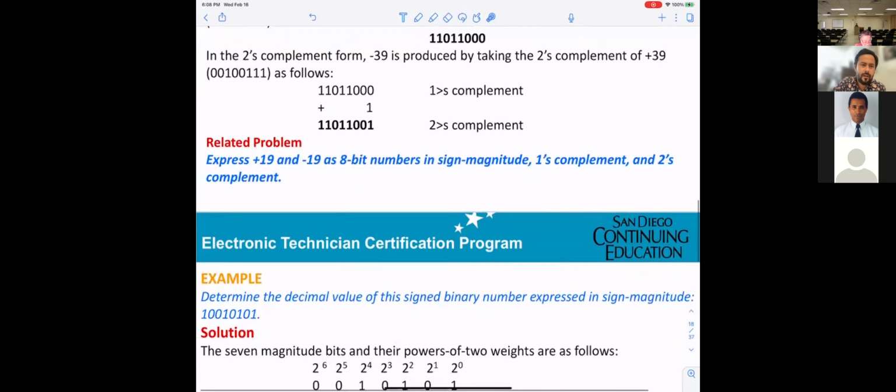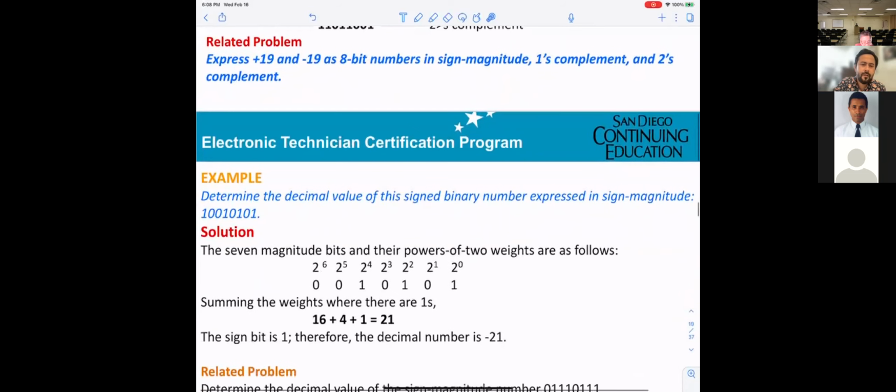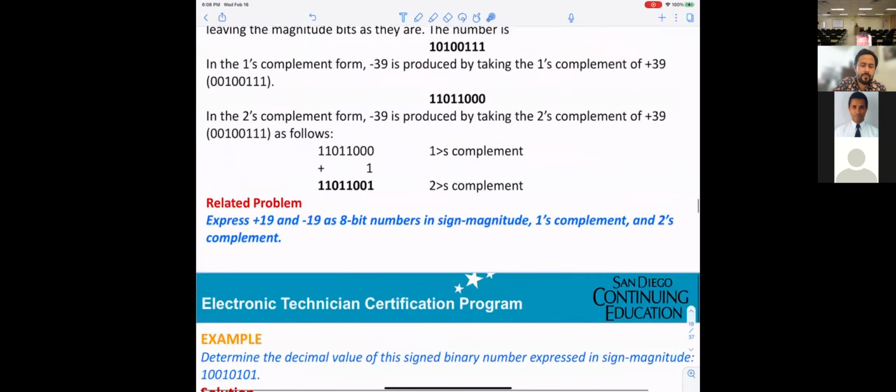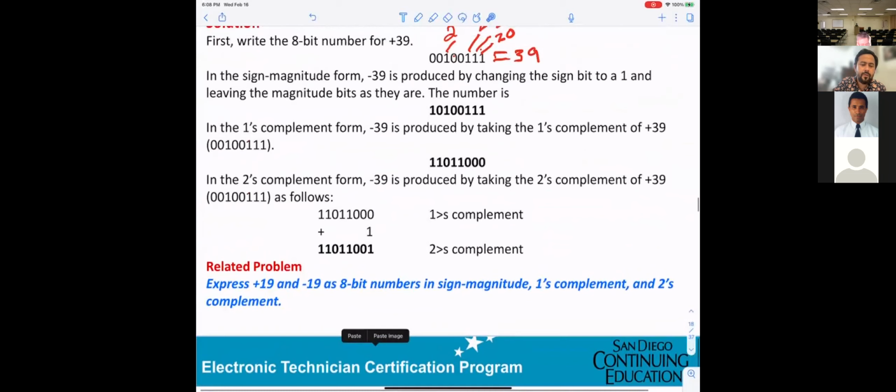Right there, Mr. Pham, determine decimal value. Mr. Pham: Yeah, in the previous page, could you please go back a little bit? There. How does the computer know that the 1101101 is the second complement and not another number? Is it necessary to specify that in some part of the code, the first complement?